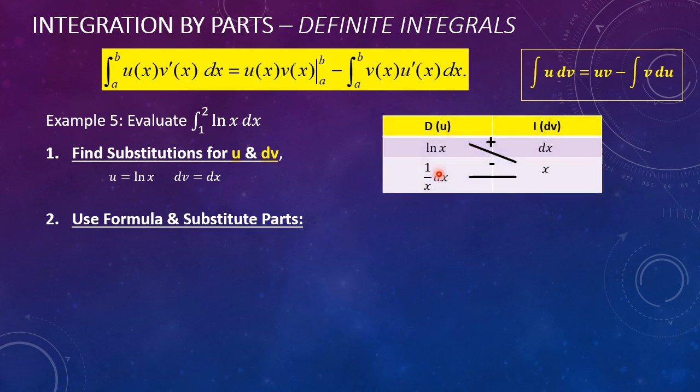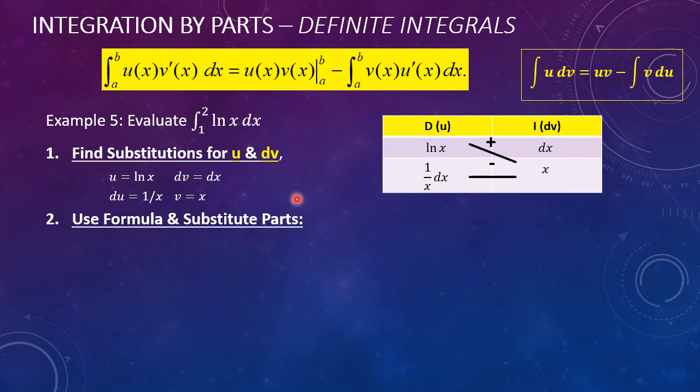And we could build our table, but when we do this, the table doesn't help us at all because we only have 2 rows, and the bottom row we have to integrate. So it would have been just as easy to figure out, okay, what is the derivative of u? 1 over x. What is the integral of 1 dx? It's simply x.